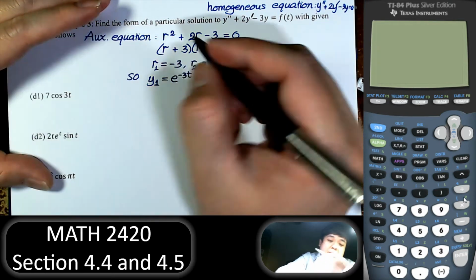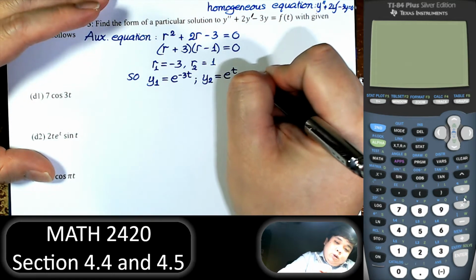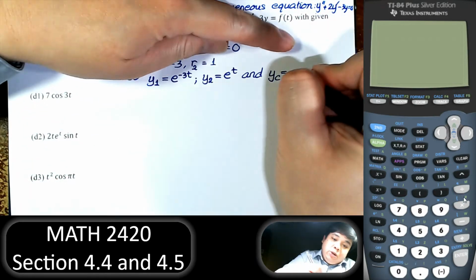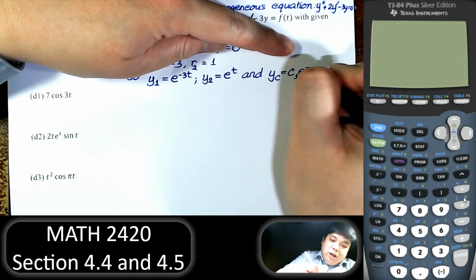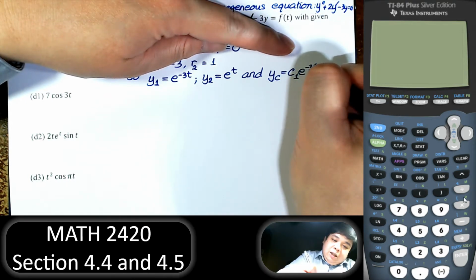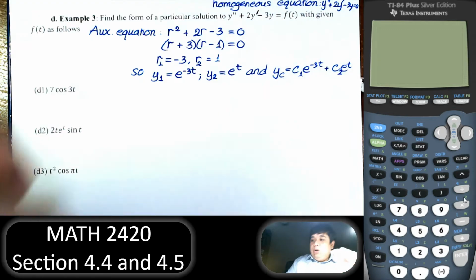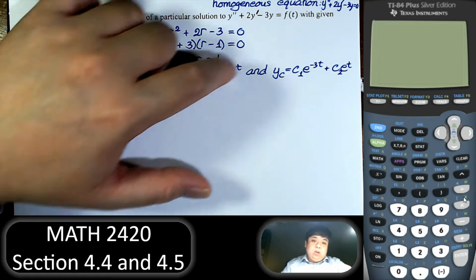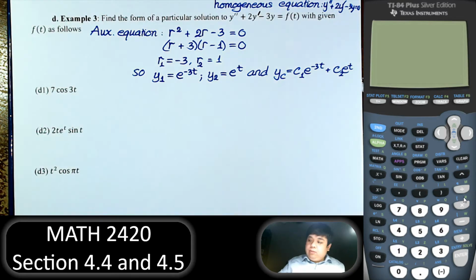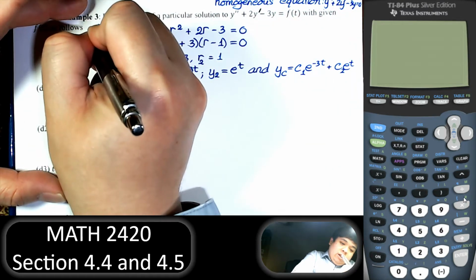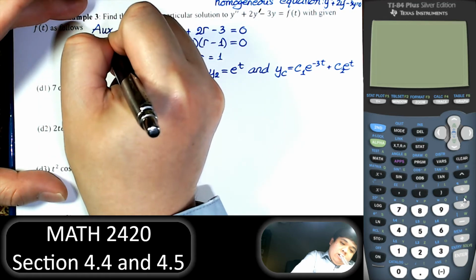Right? So that's the first thing we do. Look for the complementary solution. Because when we do that, we can say the complementary solution is the linear combination of these two: C1 e to the negative 3t plus C2 e to the t. So the complementary solution is the solution to the homogeneous equation. So first thing, we write the auxiliary equation for the homogeneous equation.